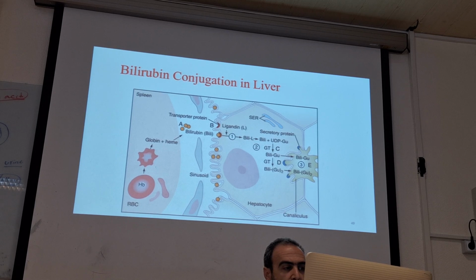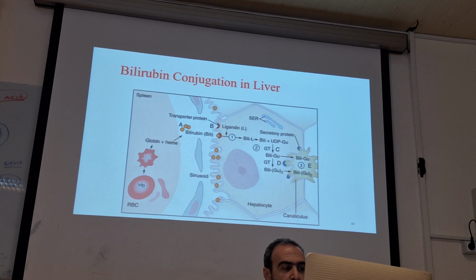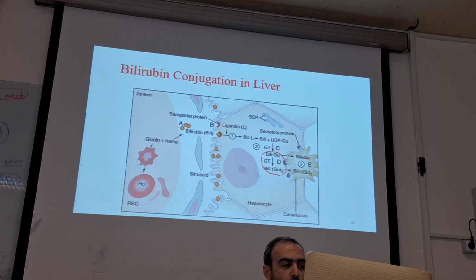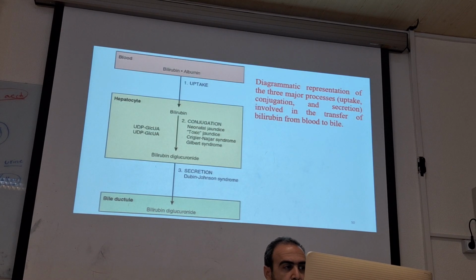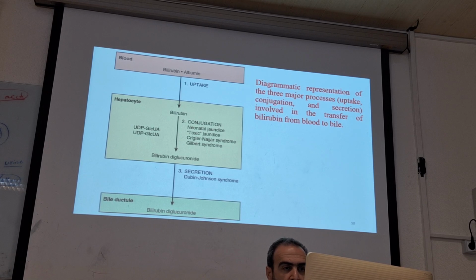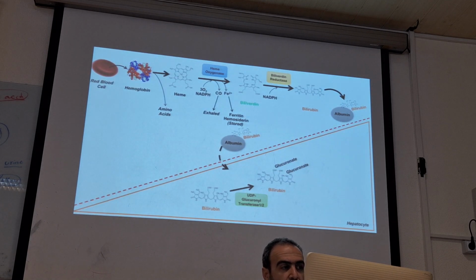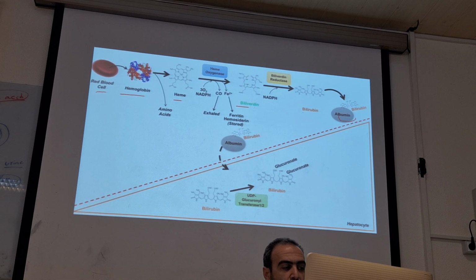Here, conjugated bilirubin receives 2 molecules of glucuronic acid. We have some diseases, I will talk about that in the next slide. You can see red blood cell, hemoglobin, heme, biliverdin, bilirubin, sent by albumin to the liver.